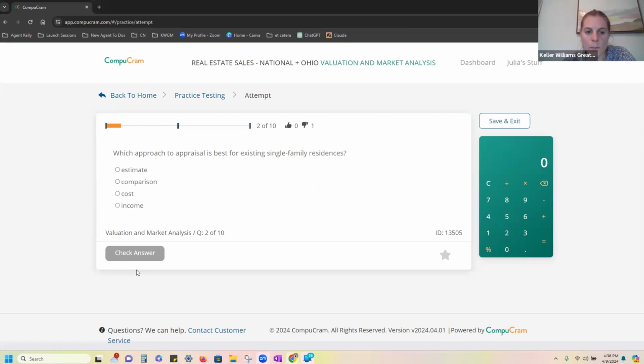Which approach to appraisal is best for existing single family residences? Is that going to be A, estimate, B, comparison, C, cost, or D, income? So which approach to appraisal is best for existing single family residences?